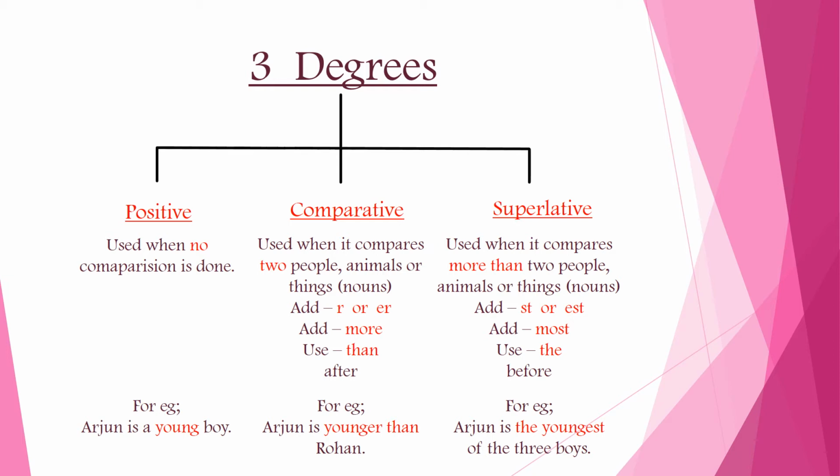So these were the 3 degrees of comparison. Now, after we have learned about the rules of positive, comparative and superlative adjectives, let us see each in detail.